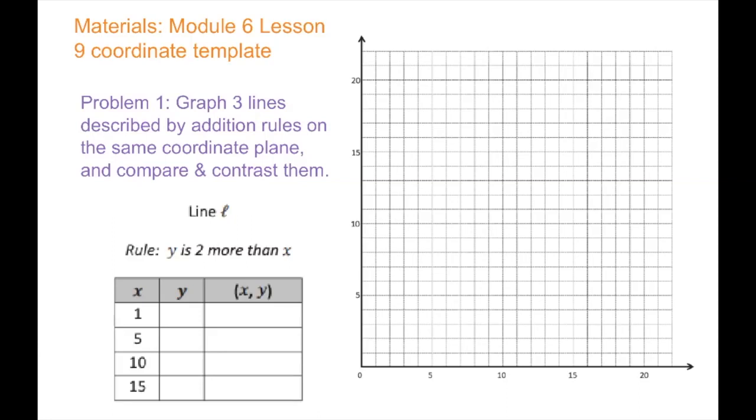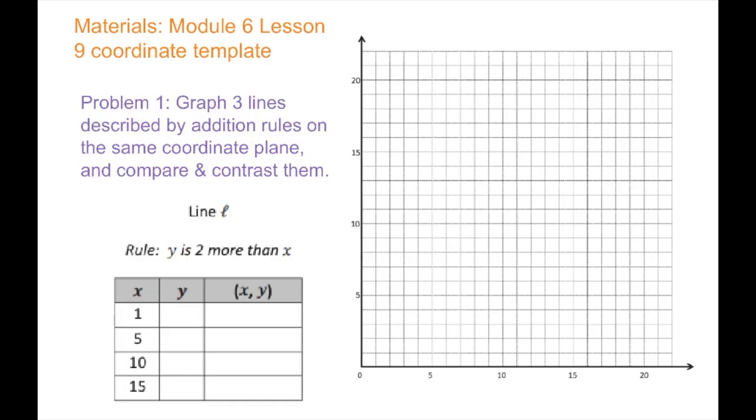The first rule is one that you have experienced before, so it's going to really start up our learning. So the rule is y is 2 more than x. This rule is addition, so we know that if y is 2 more than x, then I need to add 2 to my x to get y. So let's do a quick practice. If my x coordinate is 1, what would be my y coordinate?